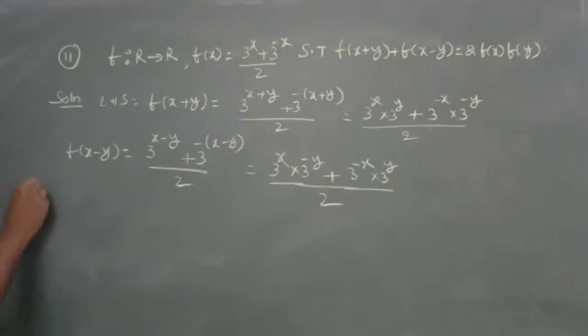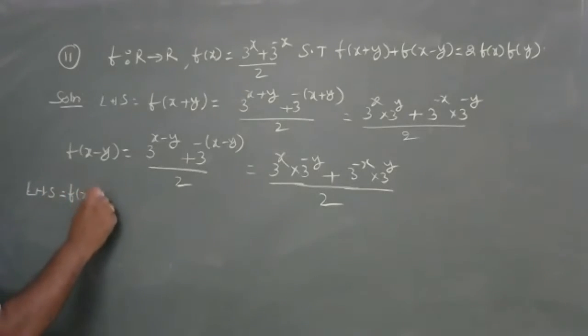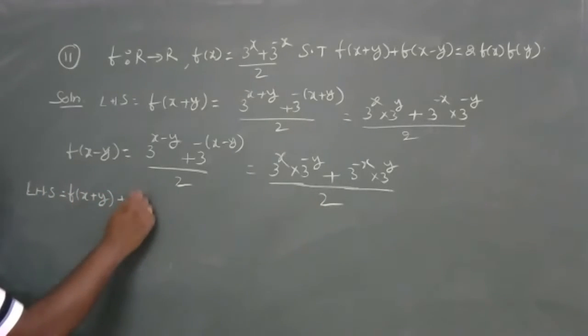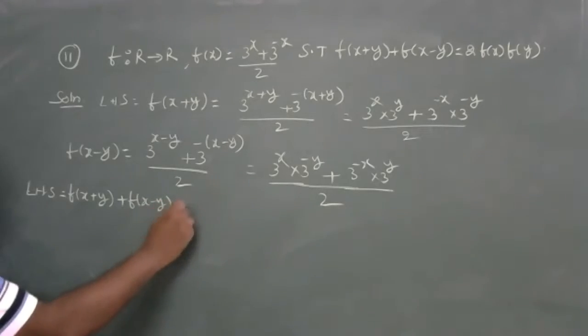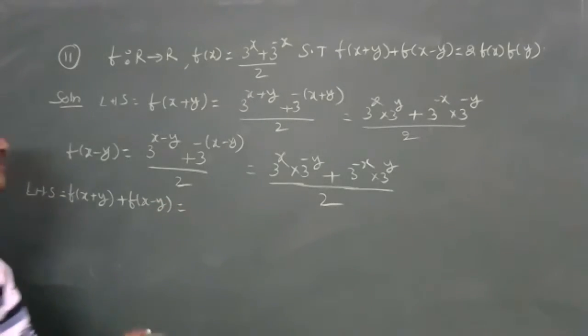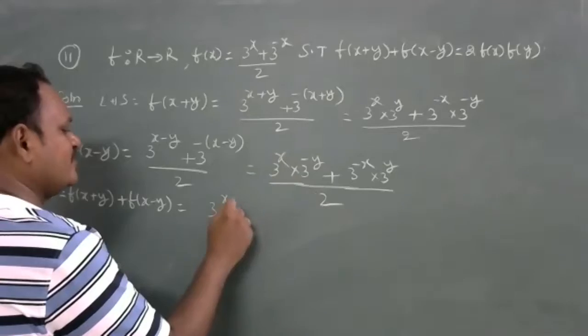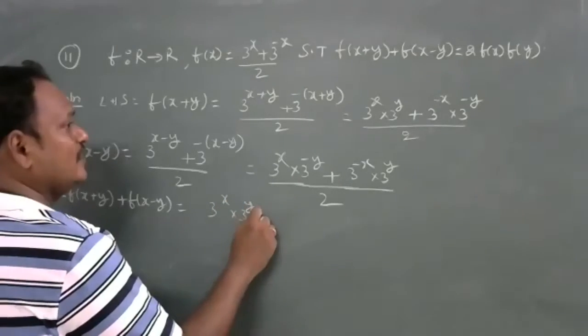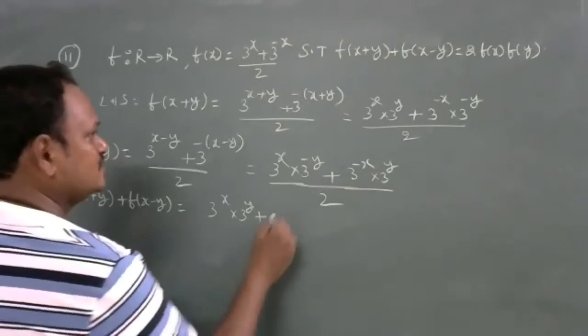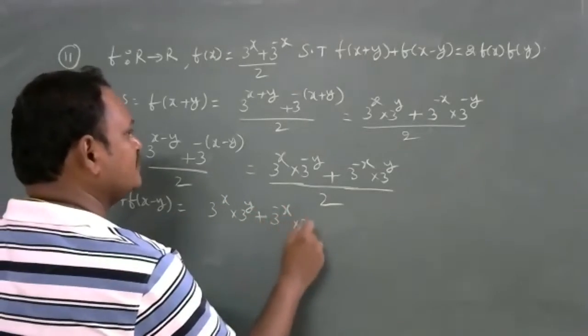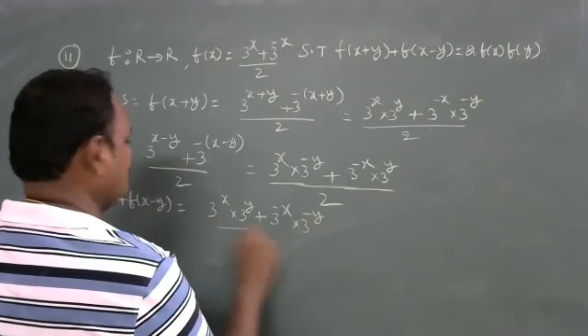Now the left hand side is what actually? Left hand side we have f(x + y) + f(x - y). This is equal to, f(x + y) is this: 3^x into 3^y plus 3^(-x) into 3^(-y), by 2.